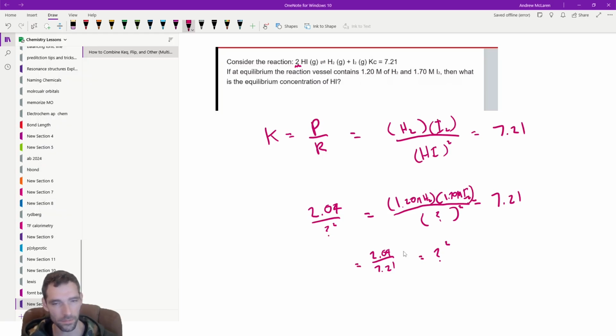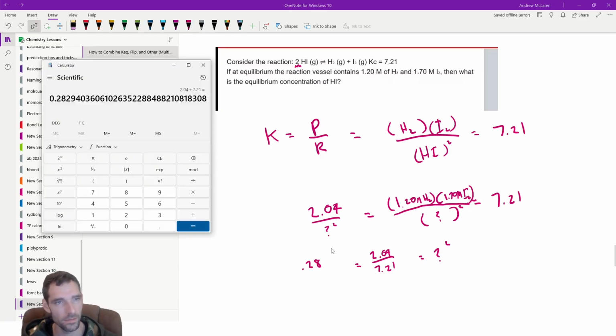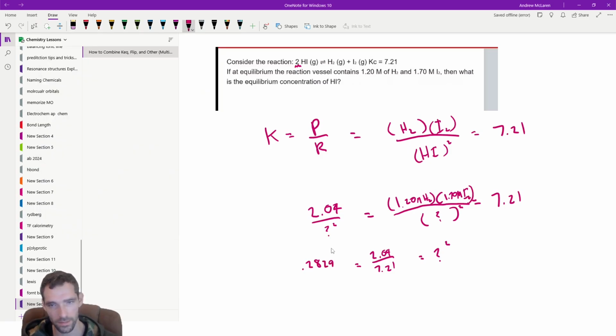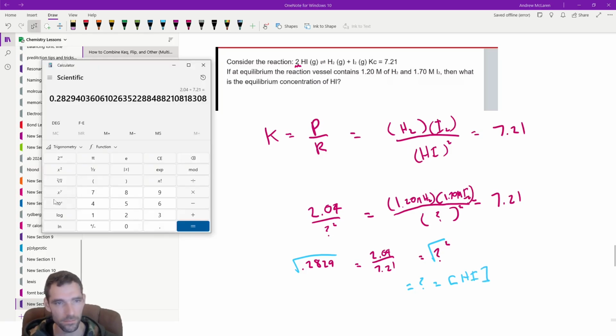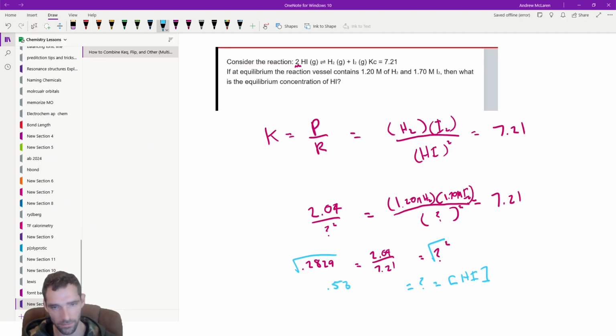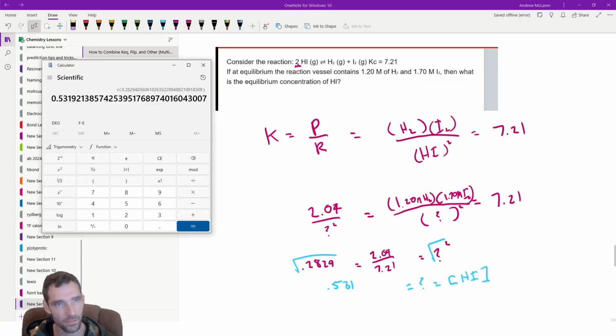And that was equal to 0.2829, but we're going to square root that. So this mystery number, this concentration of the HI, would have to be the square root of that, so 0.5319, I believe.